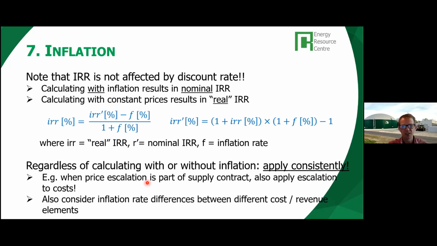That means that you can include this in the calculation, but it also means that you'll have to apply price increases, inflation, to other costs, say the operating costs that you have for producing your energy. You can't, on the one hand, work with inflated prices for the income side, and then use fixed prices for the cost side.